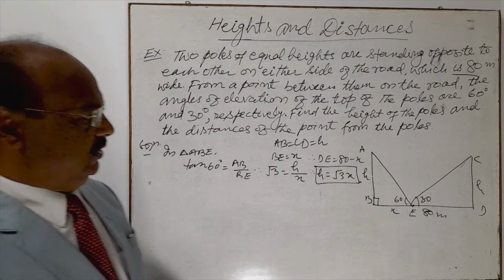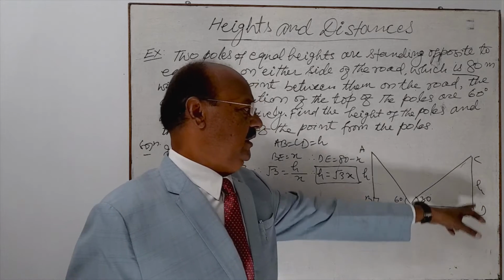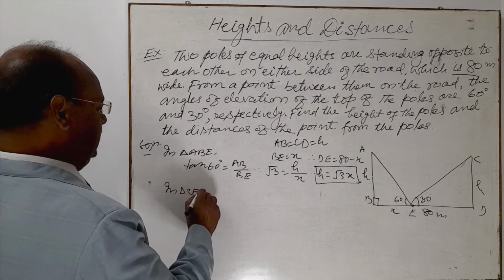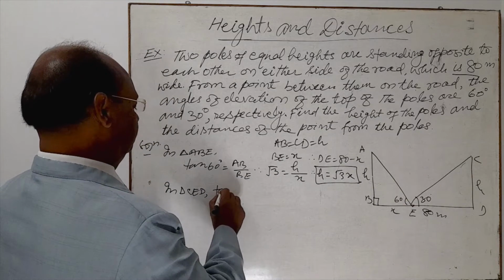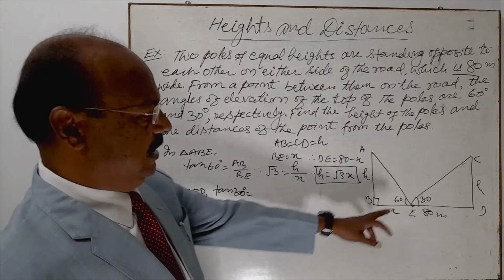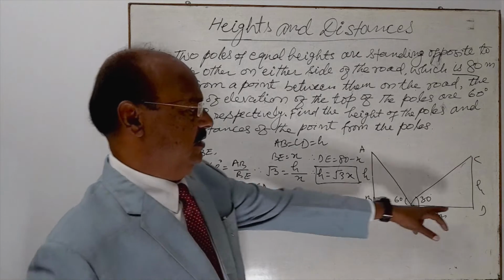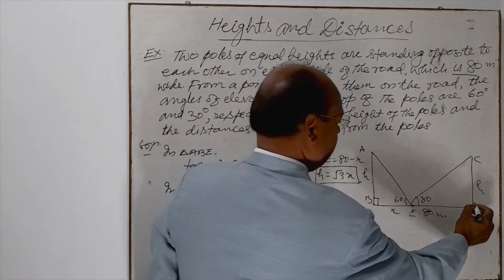Correct? Now let us take right angle triangle CED. In triangle CED, tan of 30 degree is equal to perpendicular CD by base DE. This is 90 degree.